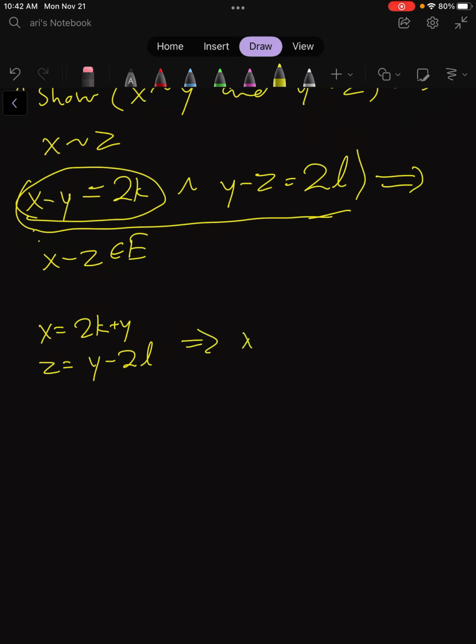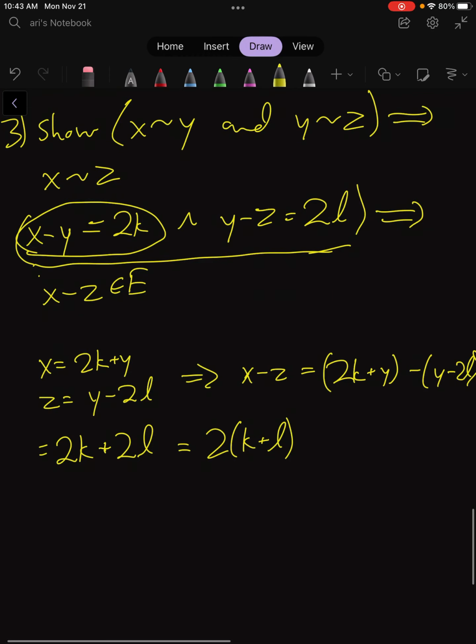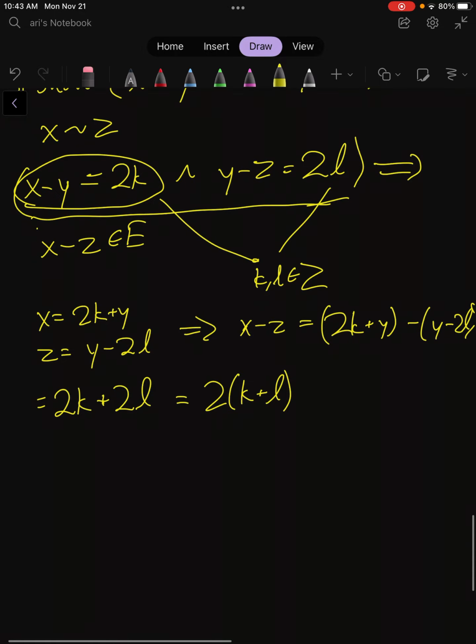So x minus z, hopefully I won't mess this one up, is 2k plus y minus y minus 2l, whoops, which is equal to 2k plus y minus y, the y's cancel out, and minus a negative 2l is plus 2l, which is equal to 2 times k plus l, and I forgot to define k and l as integers, but k, l in Z, I know I'm a mess, but you hopefully know what I mean, which is even, so it's true.